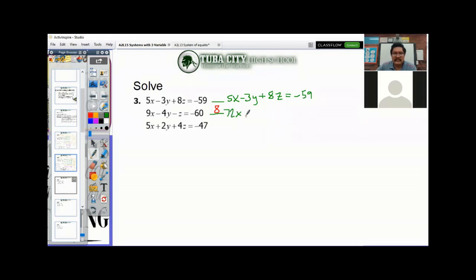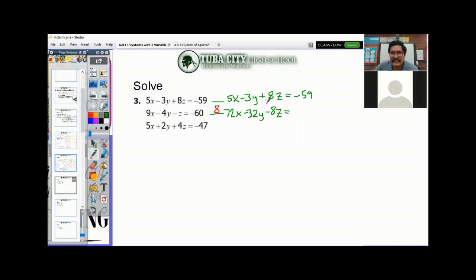72x, because 9 times 8 is 72, minus 8 times, wait, no, not 34. What am I thinking of? 32. Negative 32y minus 8z, which is good.